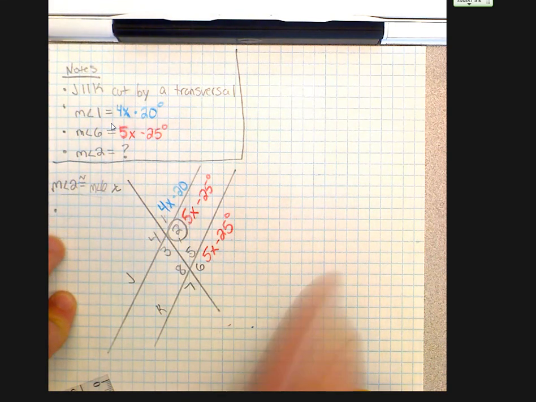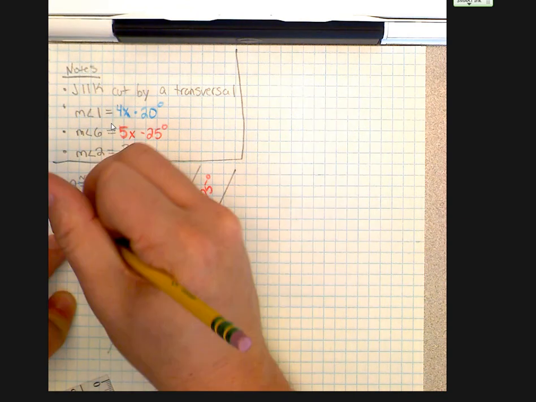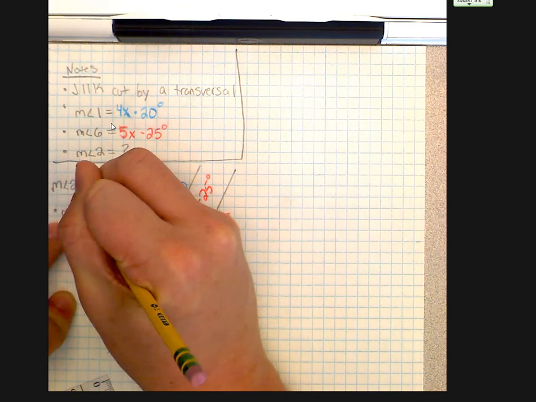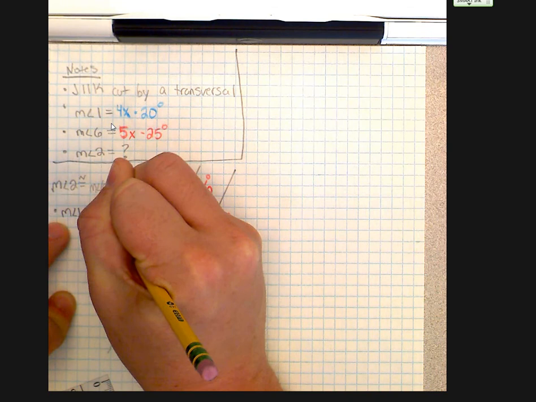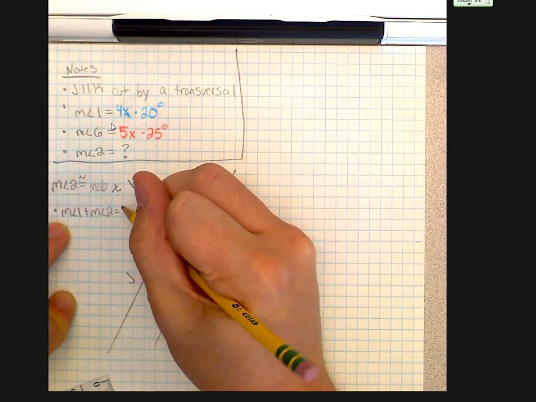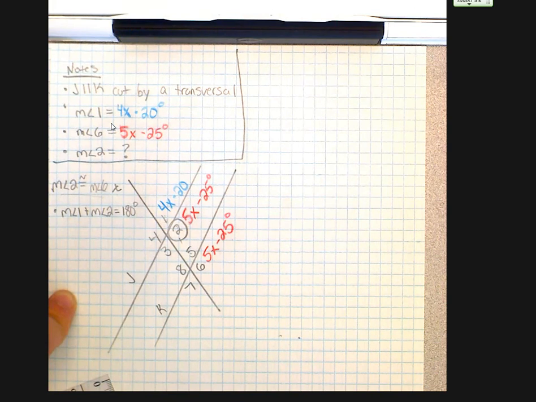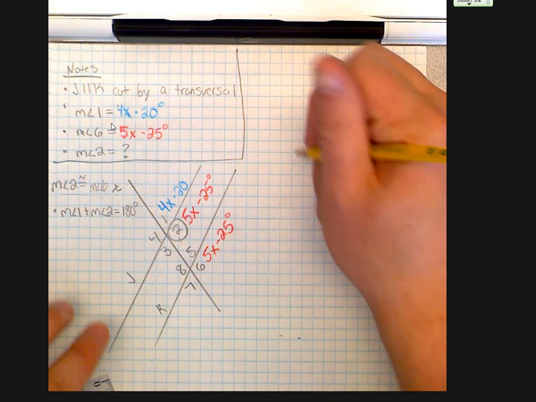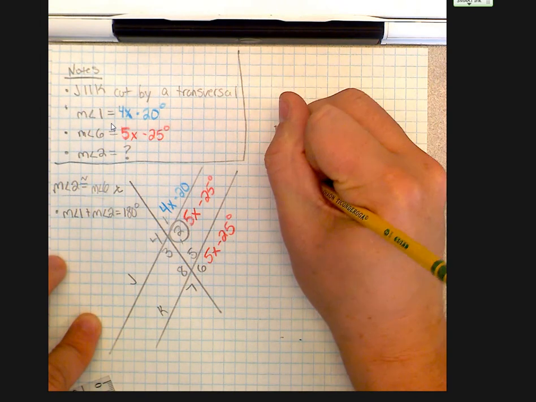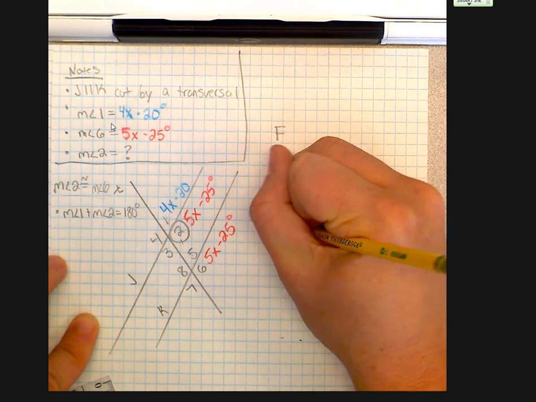So the way I would write that in math is the measure of angle 1 plus the measure of angle 2 equals 180 degrees, because they're right next to each other. And now I'm going to borrow a trick from Mr. DeFranzo, which is formula, substitute, and solve.